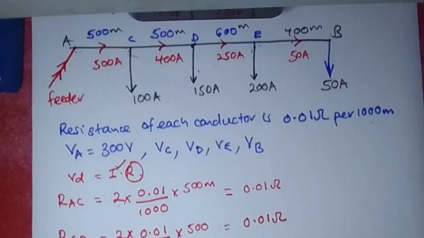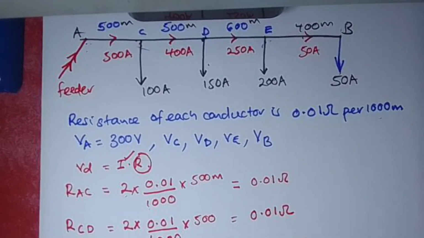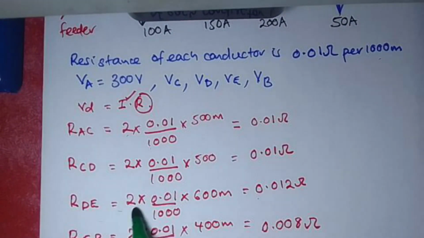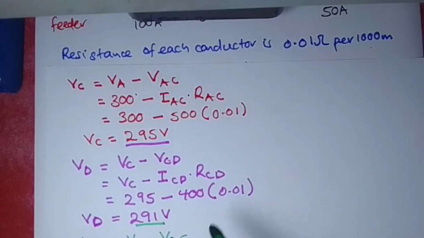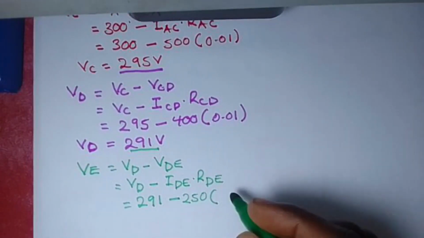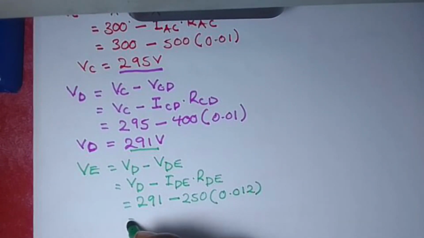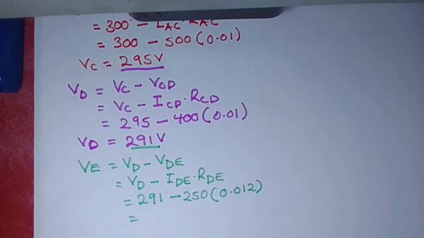So the resistance we had calculated earlier on, RDE, is equal to 0.012. So we shall feed that value into the calculator, and we get 291 minus 250 times 0.012, which is giving us 288 volts.